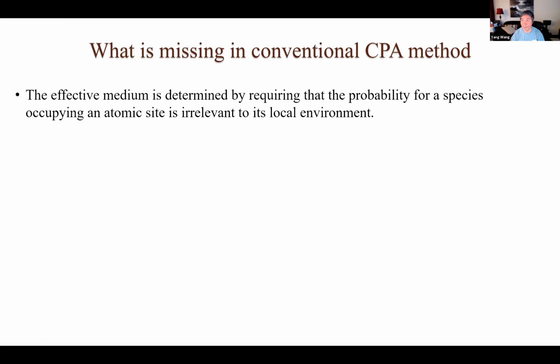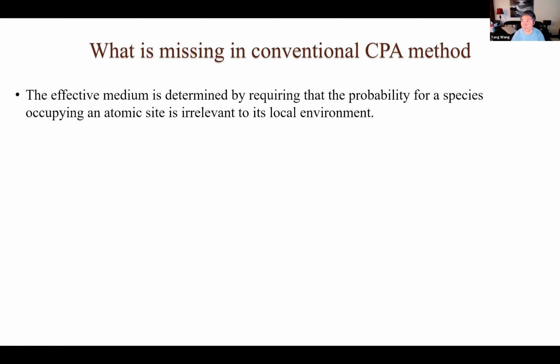But in reality, if your system is not completely random, it sometimes depends on your environment. If you have a short range order effect, an atom likes to stay with unlike atoms. Or you have a short range clustering effect, where like atoms tend to stick together. So the site occupied by a particular species also depends on the neighboring environment. So there's a short range correlation effect. Certainly, it's missing in the CPA approach.